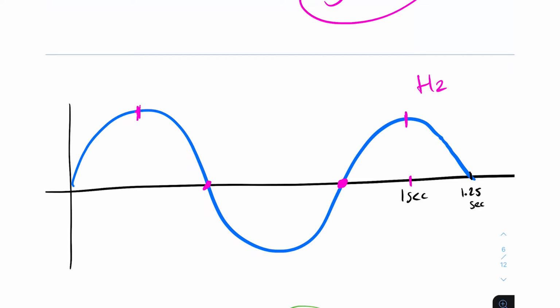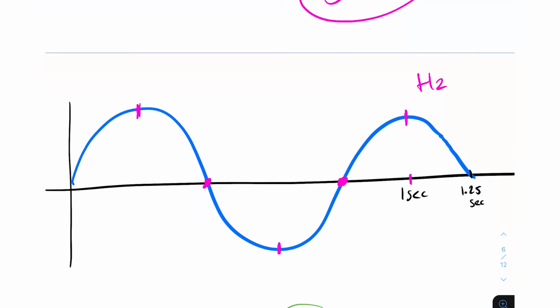Half of the waveform is back at 0. 3/4 of the way to completing it is here, and then it completes from here. So we've got it doing 1 1/4 waveforms in 1 second. That means that this has 1.25 hertz. It's doing 1 1/4 waveforms every second.